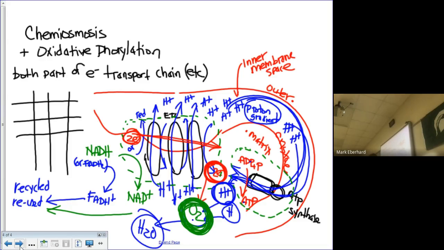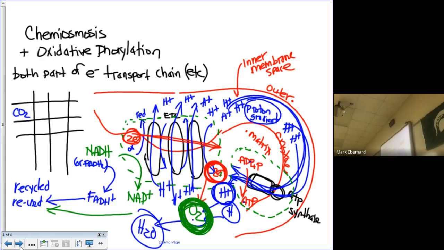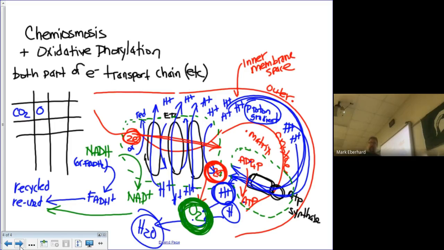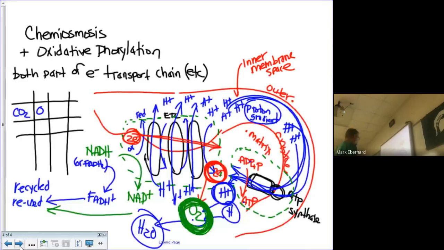So, carbon dioxide. In the electron transport chain, there is no carbon dioxide produced. It's already gone. We made 2 during the link step and 4 during Krebs cycle. That accounts for the 6 carbons that are in sugar. So there's no carbon left by the time we get here.